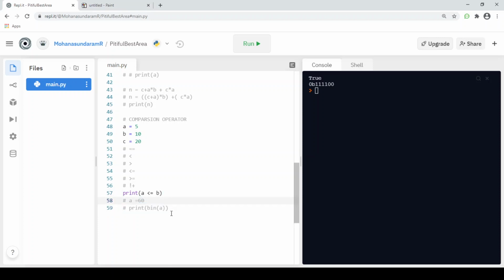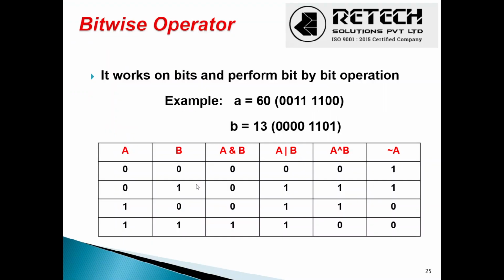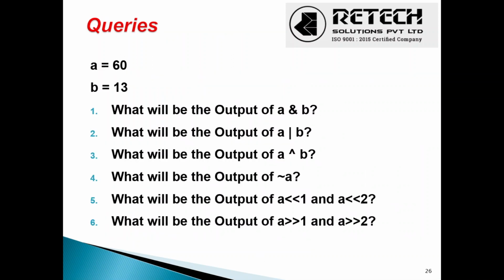Our next topic is bitwise operators. We have 6 types of methods.